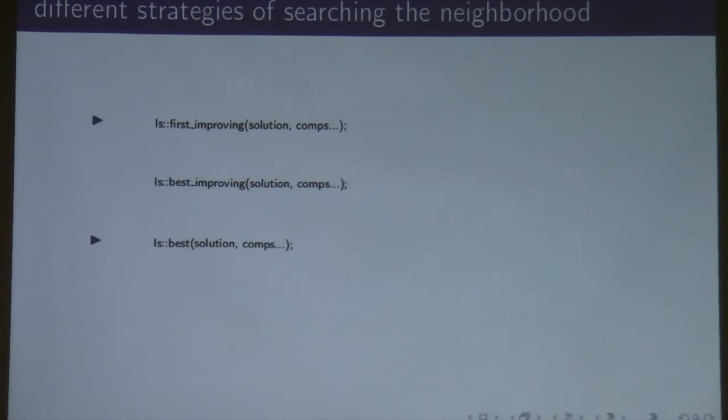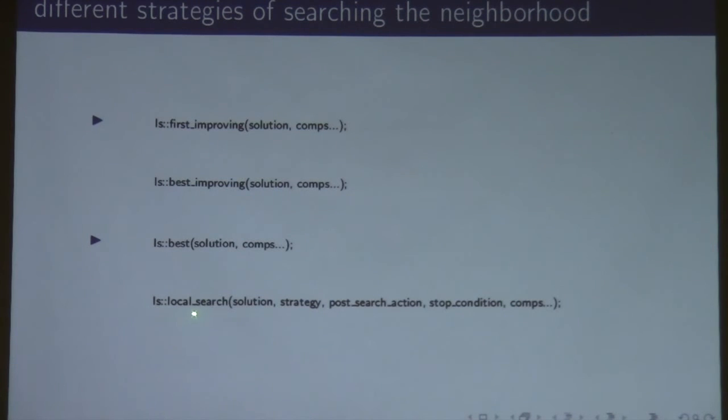And there is also a very general version, so you can, of course, implement your own strategy if you want to. Here you can use one of these three strategies. And there are also some additional stop conditions or some additional action which can be performed after each round of local search.